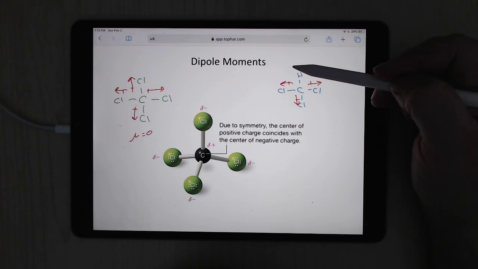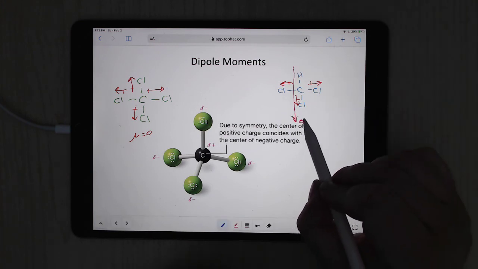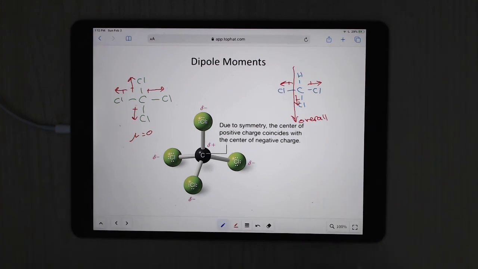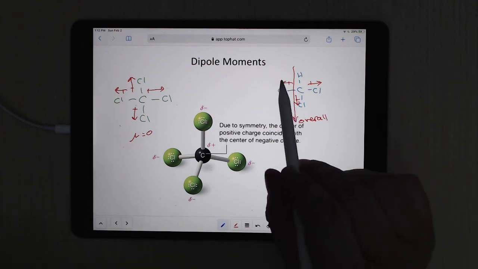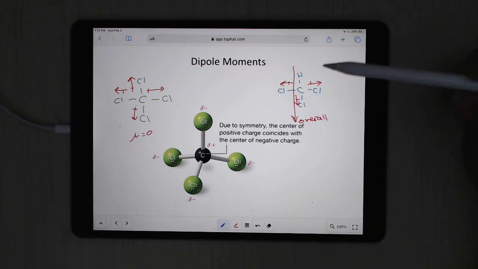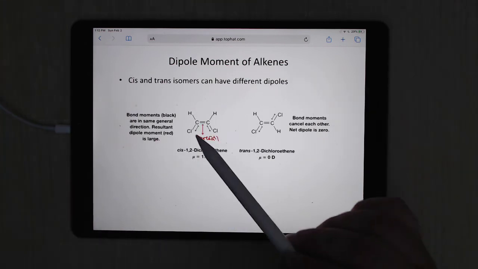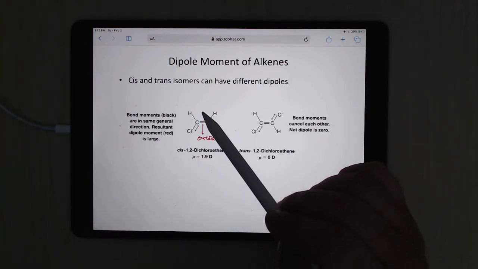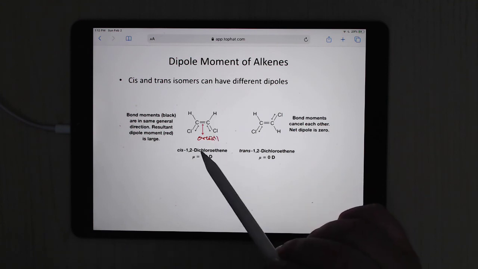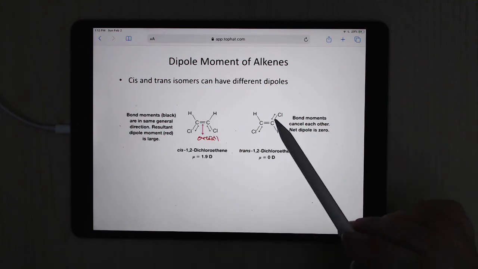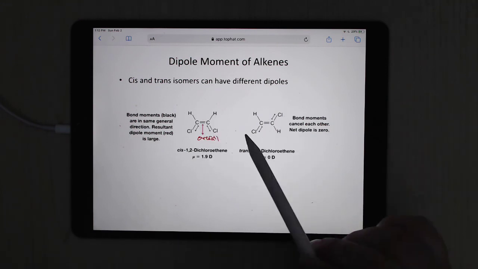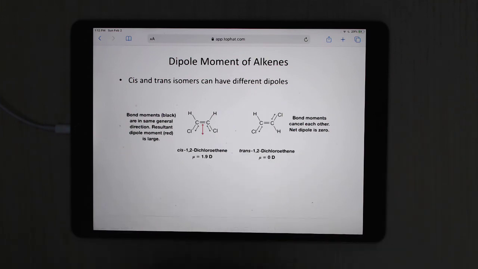And so the overall dipole would be like this. Overall dipole like that. These two cancel each other out, so you don't have to worry about this, but the overall dipole of the molecule goes like this. So for cis, these are both pointed down, so the overall is going to be halfway in between, so the overall is going to be here. Here, they're equal and opposite, so they cancel each other out. So this one has no dipole.